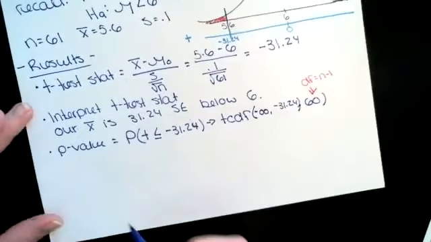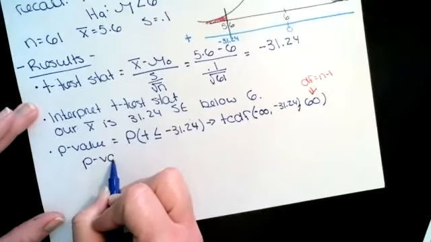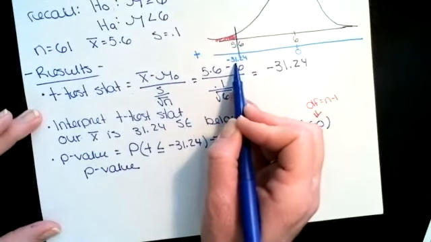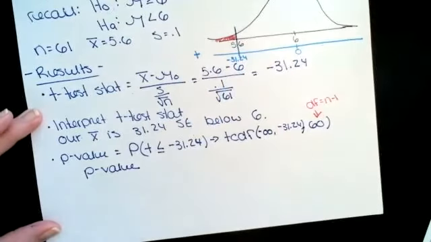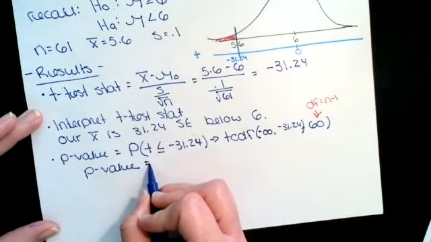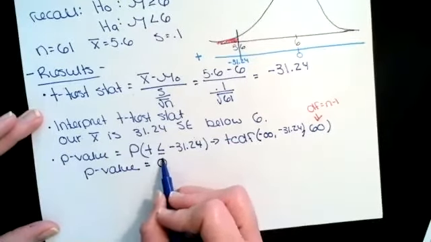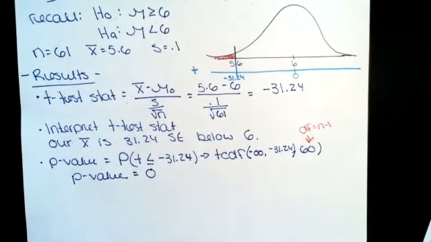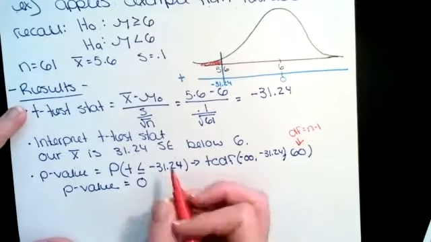All right, so we get the p-value. Now, it should be really small, right? Because that many standard errors away from our center is really far away. So our p-value on our calculators or Minitab is going to come out as 0. We never use 0. We never say the probability of something is 0 because 0 means there's no chance of it happening. And there is a chance of it happening. It's just very small.